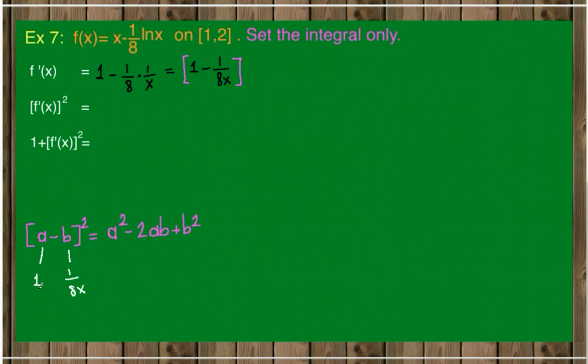A squared is 1 squared, which is 1, minus 2 times a times b, which is 1 over 4x, plus b term squared, 1 over 64x squared. So our f prime of x squared is 1 minus 1 over 4x plus 1 over 64x squared.